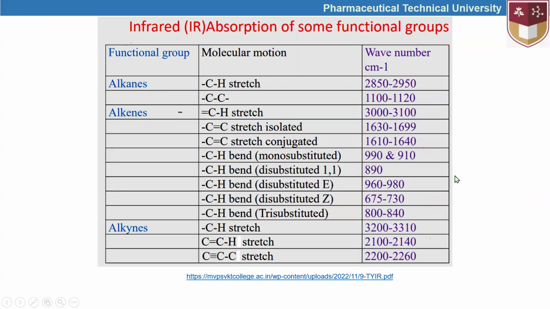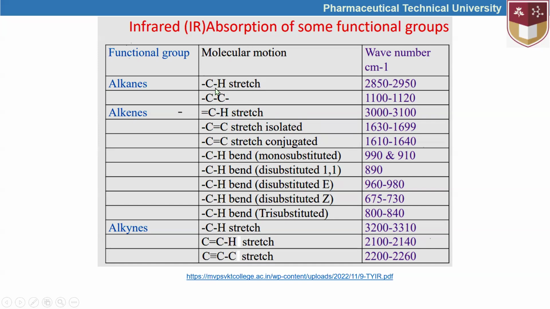And here we can see the molecular motions and the wave number of various groups: CH stretch, CC single bond, CH stretch of the carbon that has a double bond with another carbon, as shown here in alkenes.